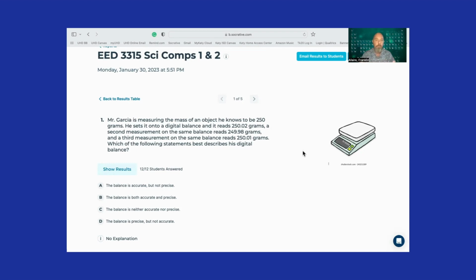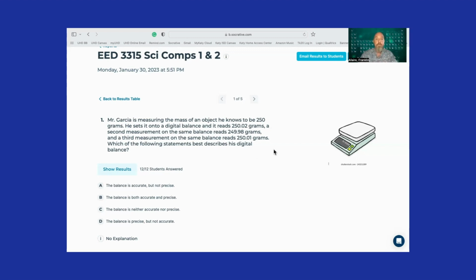Socrative is a great program. It is, for all intents and purposes, a free program, although there are some extra bells and whistles that you can get if you pay for it. It's a great way of doing quizzes and different kinds of assessments in an online environment. I'm using Socrative here because it gives us a nice space to look at the question and for me to explain things. So let's jump right into it.